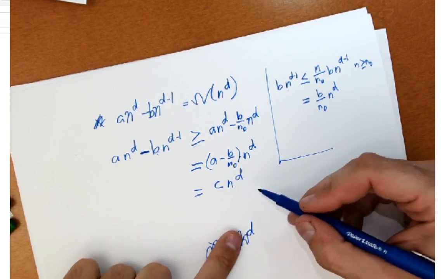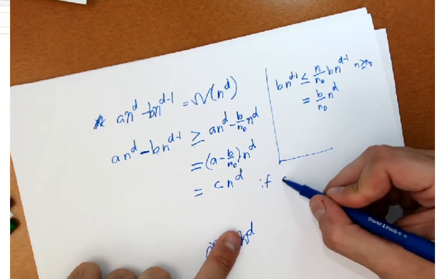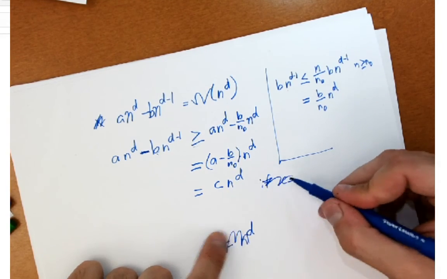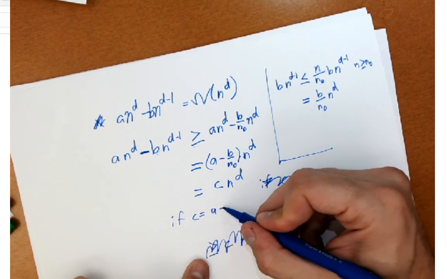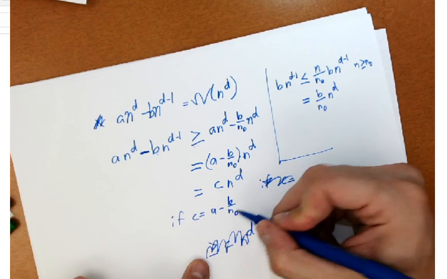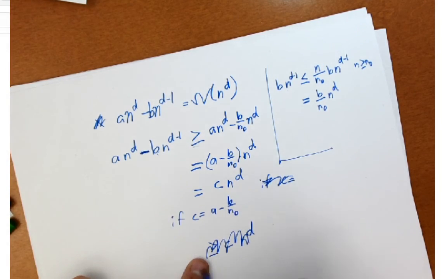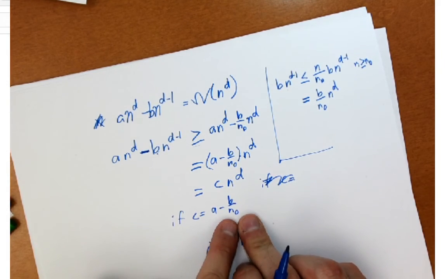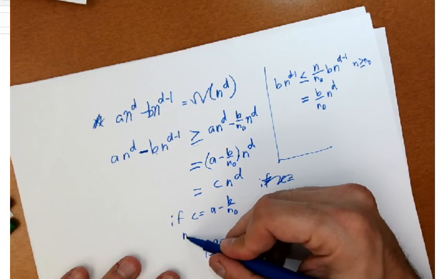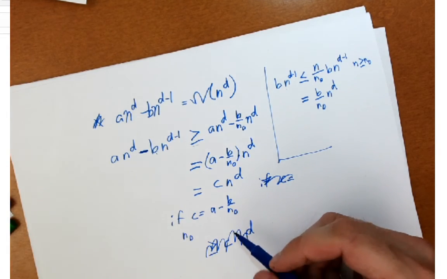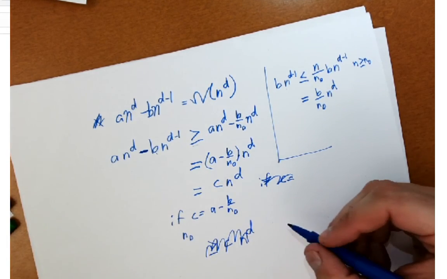But we've got an extra condition. If c equals, I'll put it down here, a minus b over n naught, and now we need to choose an n naught that keeps this positive. So remember, c needs to be positive.